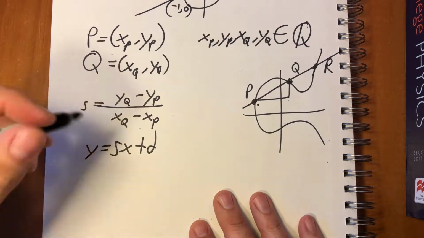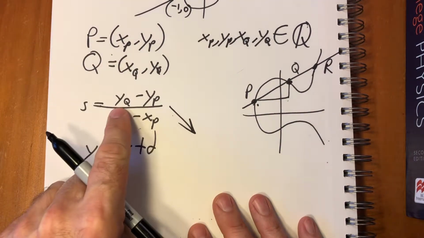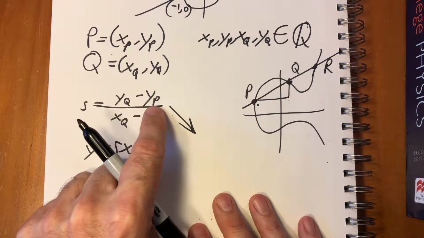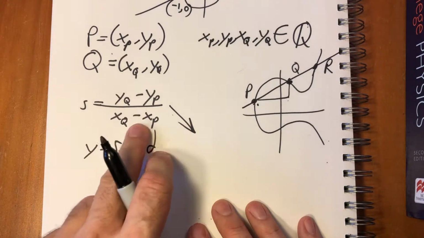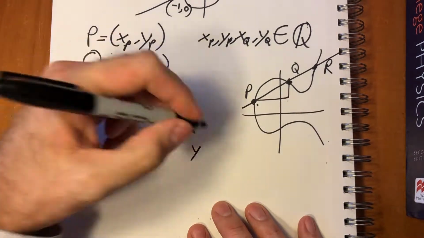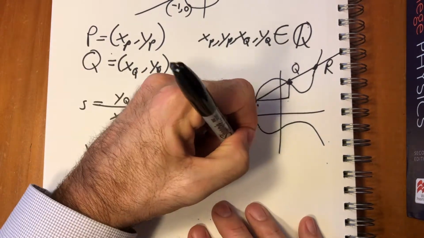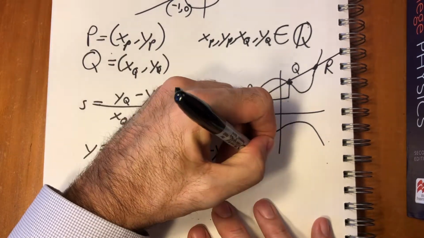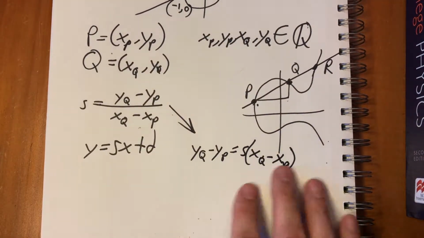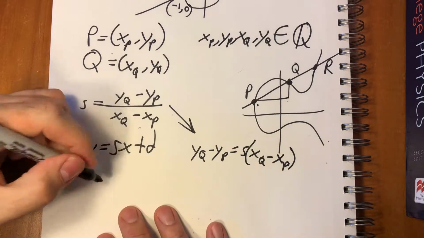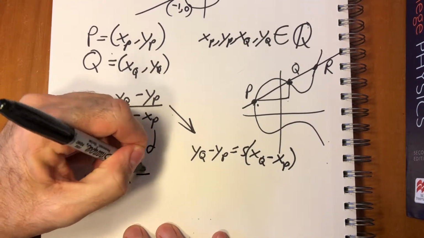If we take this equation and solve it for the y's, then we just multiply the bottom by both sides, and we get that yq minus yp equals s times (xq minus xp). Okay? And then we also have the equation of our elliptic curve.